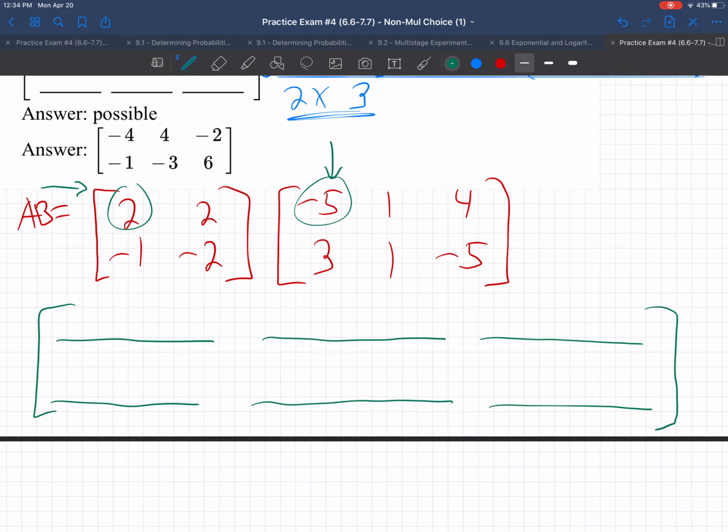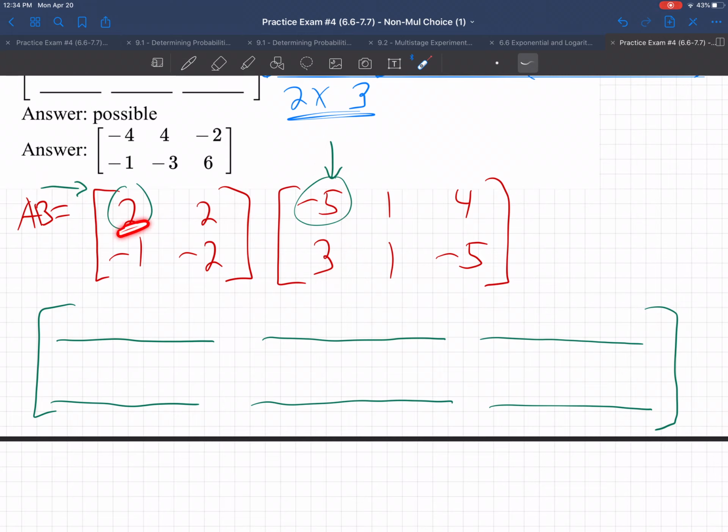So 2 times negative 5. Let me show you. Your left hand's going to go across like this, and your right hand's going to go down. Does that make sense? That's always the motion. Left hand across, right hand down, and they're going to multiply each step of the way. So 2 times minus 5 first off, and then we jump, and it'll be 2 times 3. See that motion? The left hand always goes across, and the right hand always goes down.